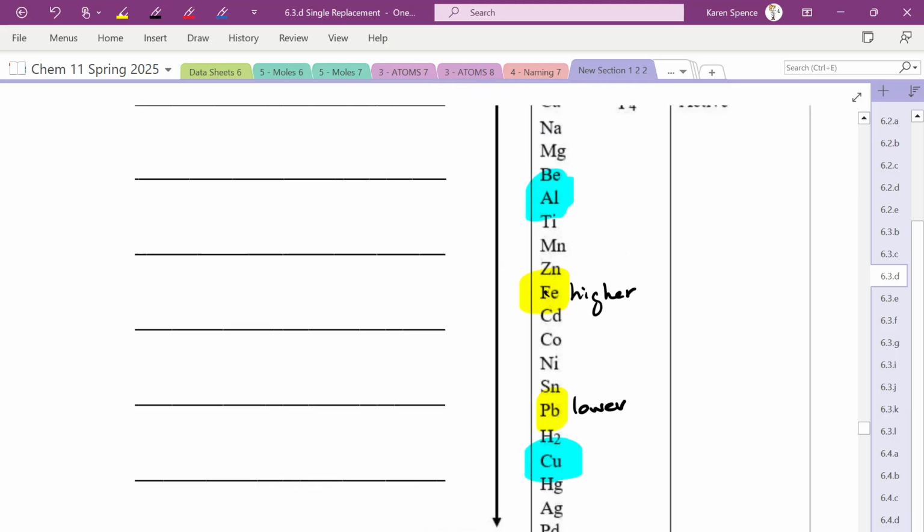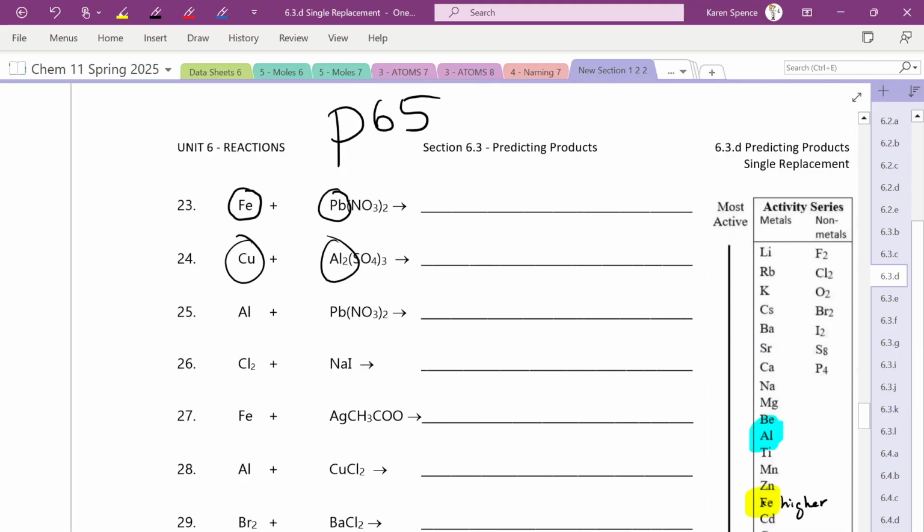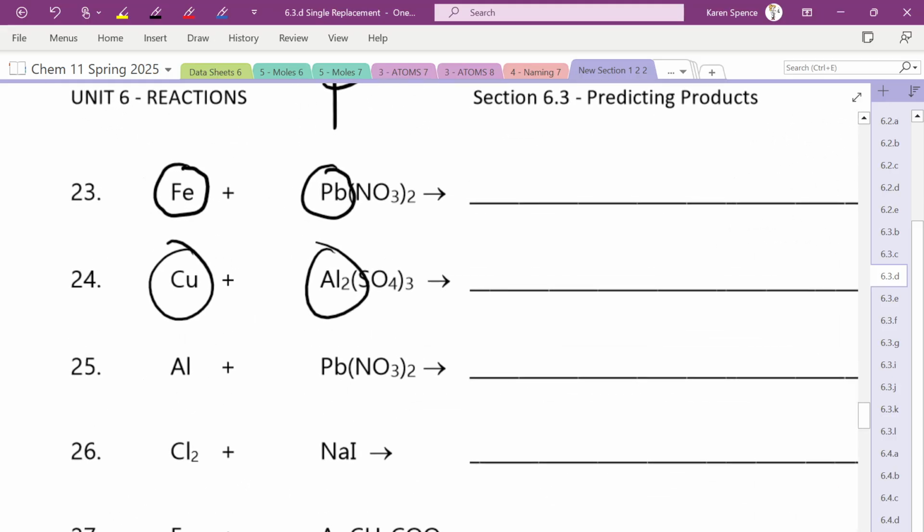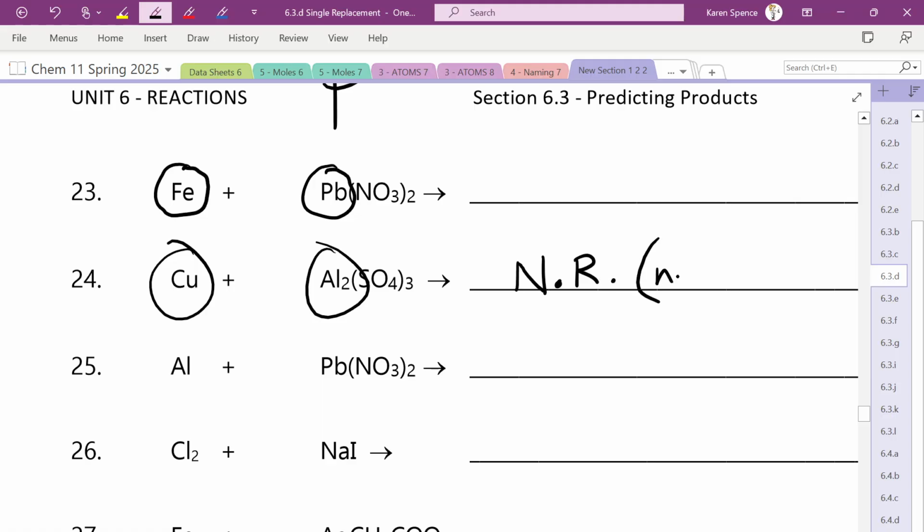No, because it's too low. When it is too low, what do you write? NR. What does NR stand for? No reaction. And you don't have to do anything else with it.